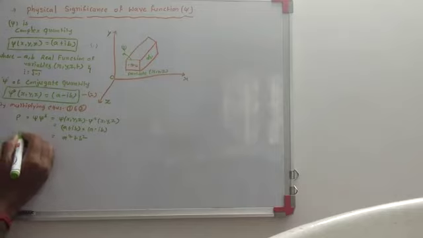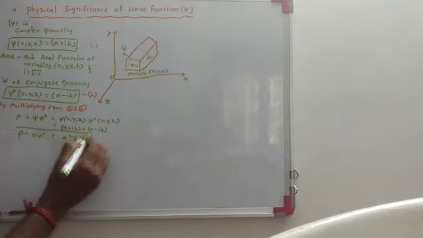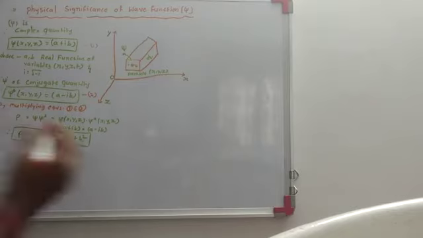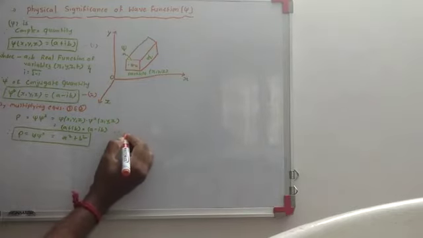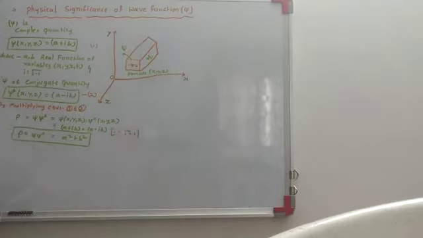Therefore, P equal to psi star psi equal to a square plus b square, since i square equal to 1.